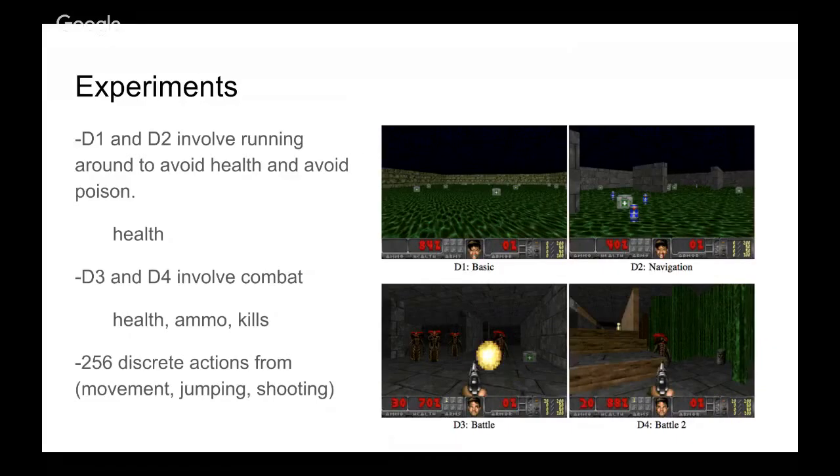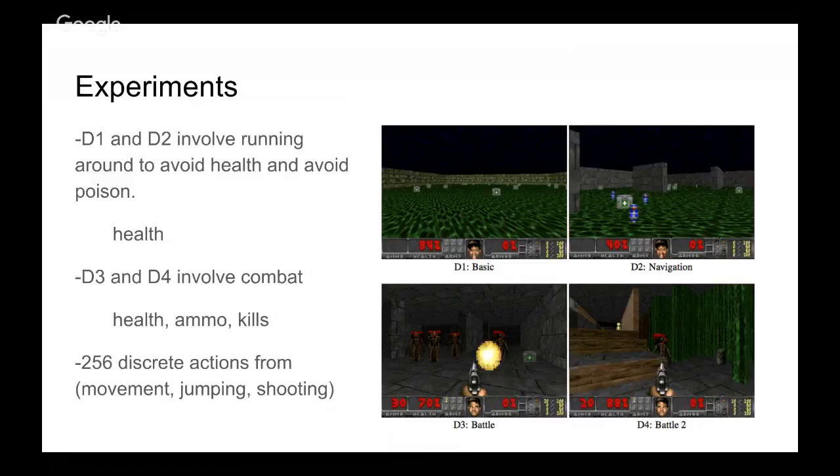So that would be a good time to segue into describing what the actual experiments are. They considered 4 basic tasks within this Doom first-person shooter environment. The first 2 tasks are called D1 and D2. D1 involves running around and picking up health packs. I don't think that requires you to think more than 3.6 seconds into the future.